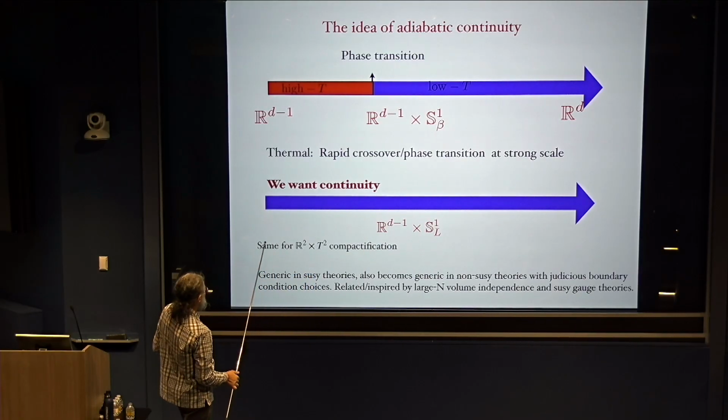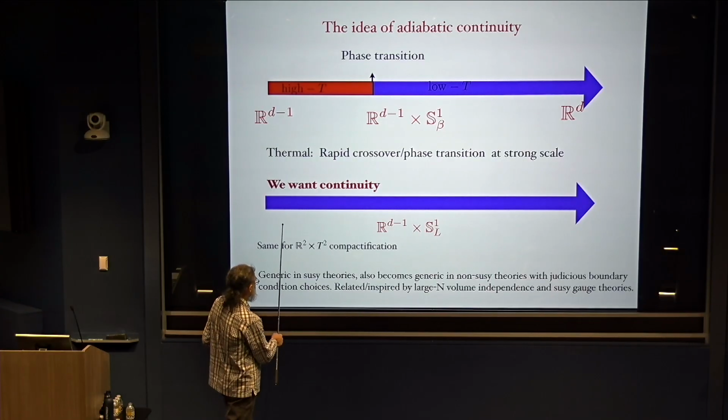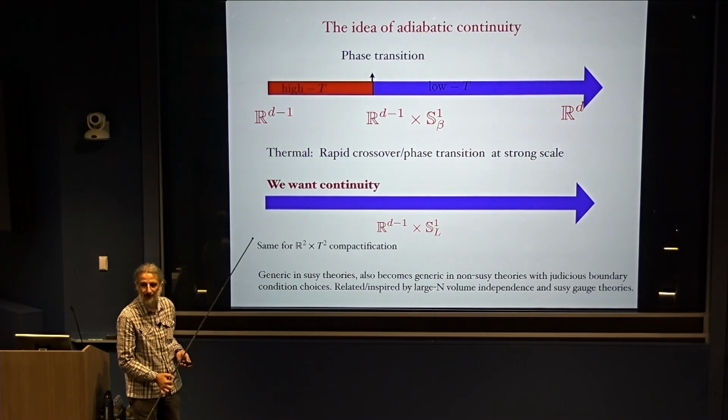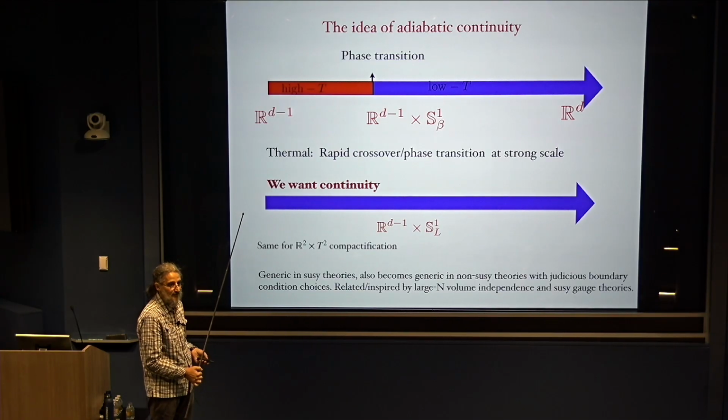And it is understood that you can construct theories in which there is this continuity between large circle and small circle. Of course, this was widely known in the context of supersymmetry. All supersymmetric theories naturally satisfy this. But all non-supersymmetric theories were famously not satisfying this.